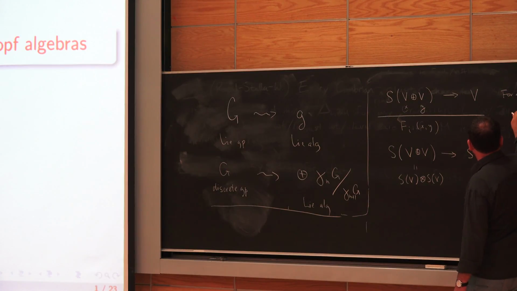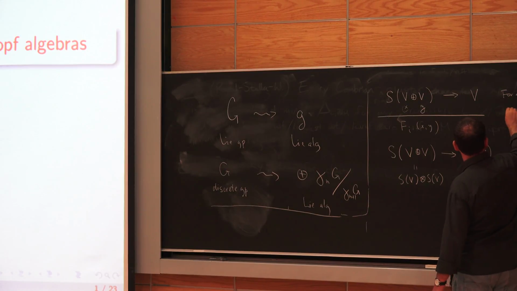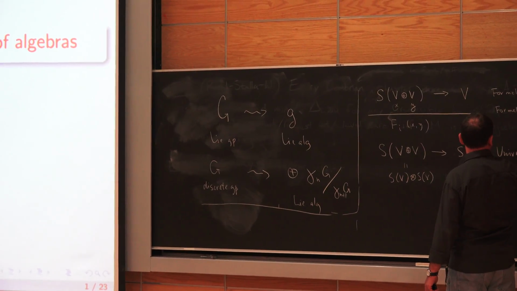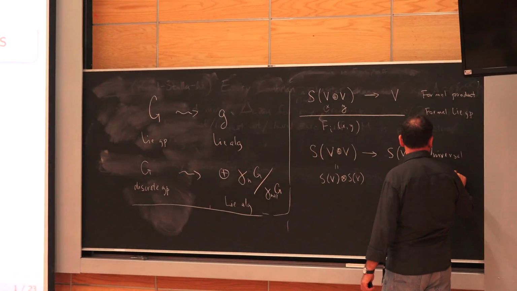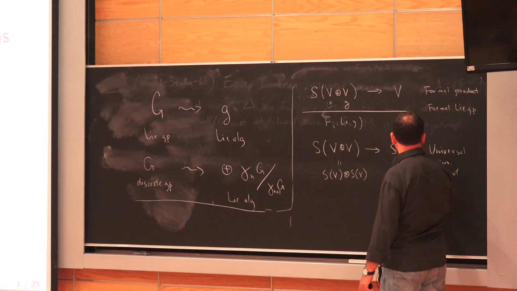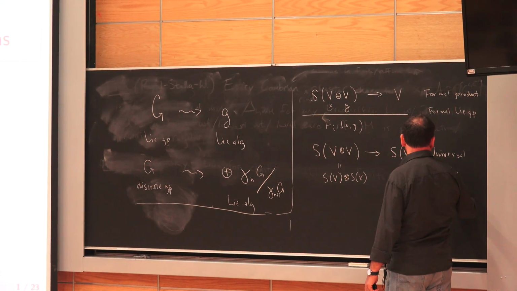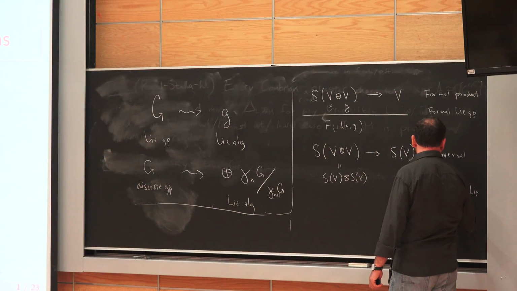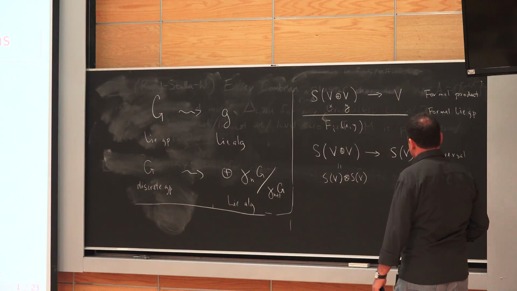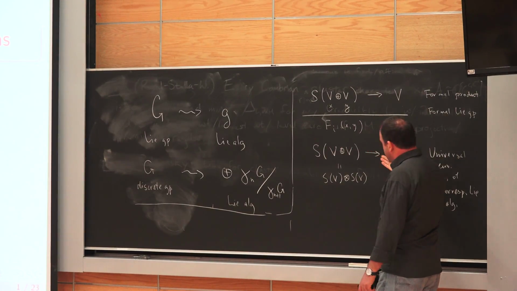If we start with a formal Lie group, this thing is going to be the universal enveloping algebra of the corresponding Lie algebra.